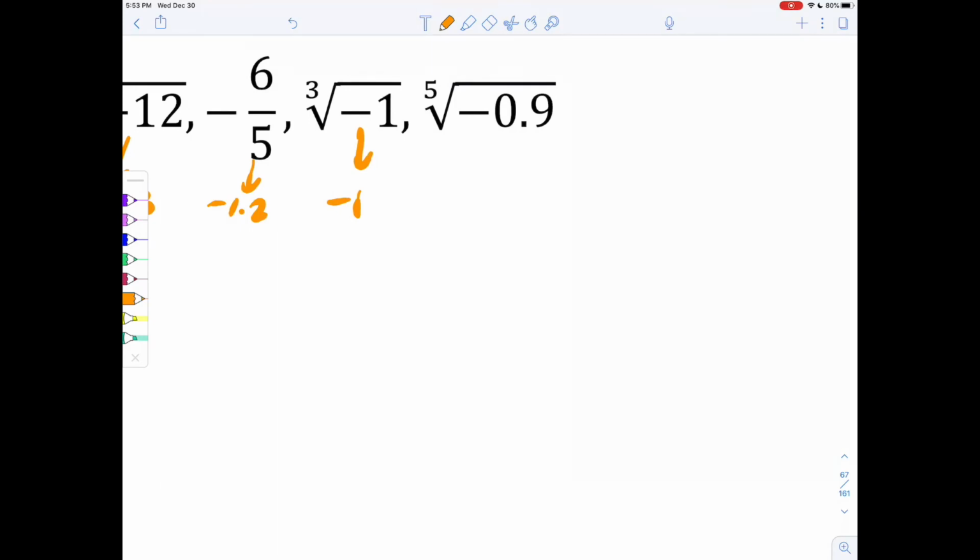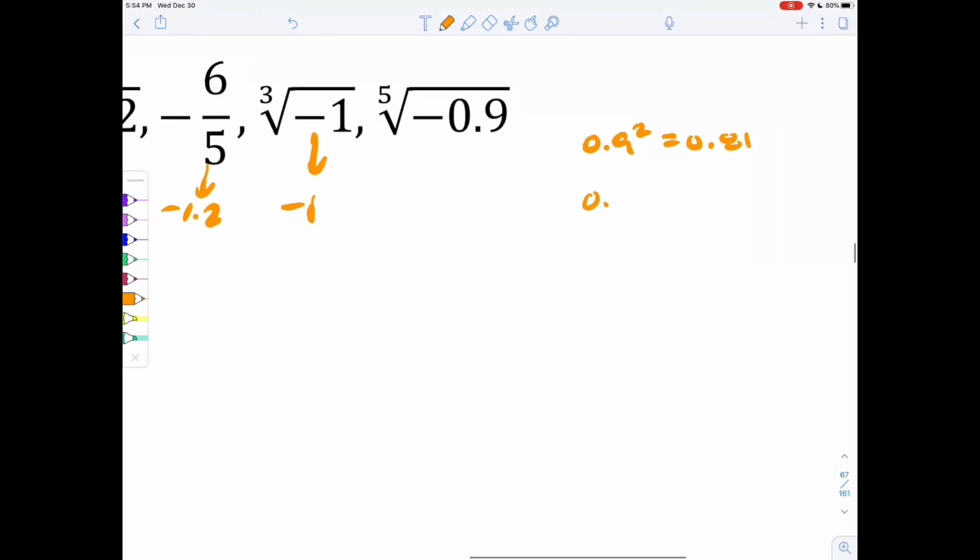Well, it's worth noting that if we take 0.9 and square it, we're going to get something smaller. And if we take 0.9 and cube it, we're going to get something even smaller than that. So smaller and smaller and smaller. What that tells us is that for all these numbers between 0 and 1, the square root will actually always tend to be higher. Right?